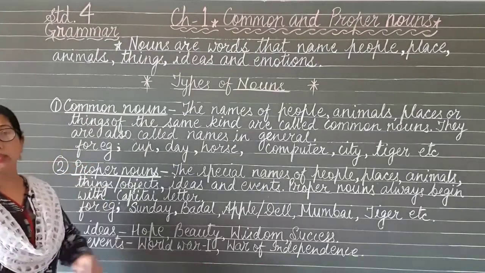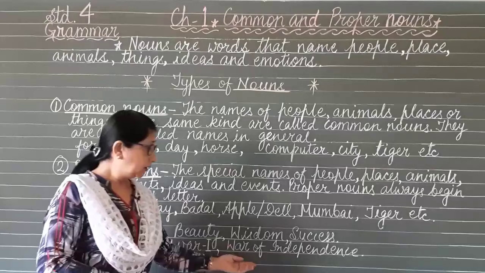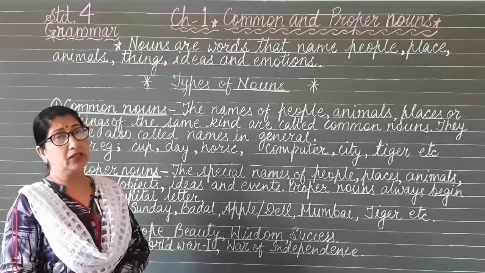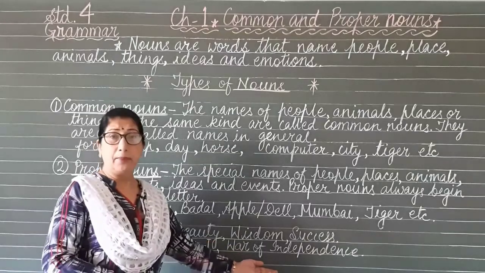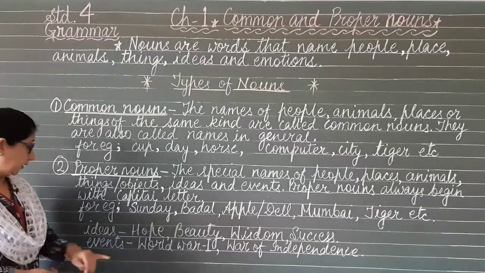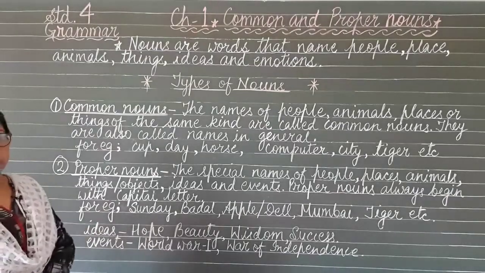So these are included in events. Similarly, the War of Independence, the freedom fight for the independence of India, that is also a big event in our lives. So that is also included as a proper noun in events.